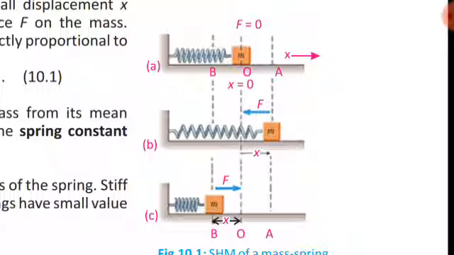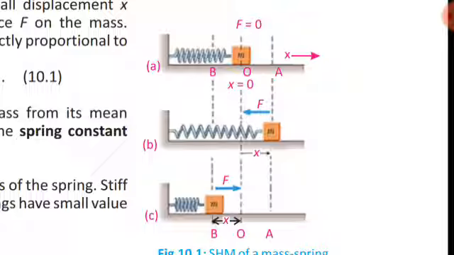Students, in figure B, I applied a net force and this body, which was at point O, comes to point A. And now there is another force, a restoring force, which tries to restore the actual position of this spring system.